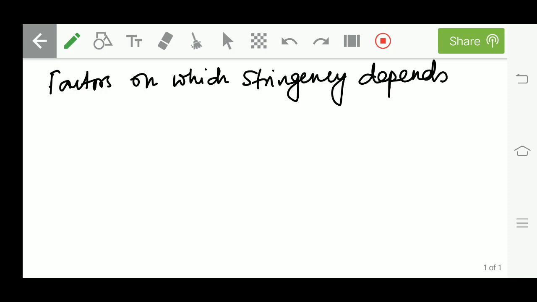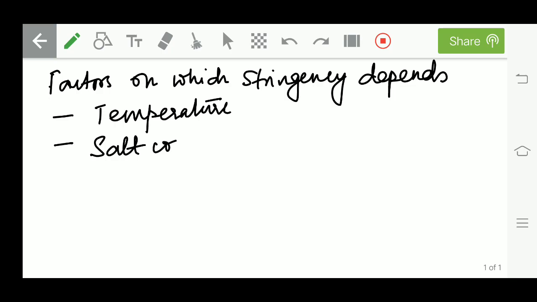Stringency depends basically on two factors. First is your temperature, and second is your salt concentration. These are very important factors.